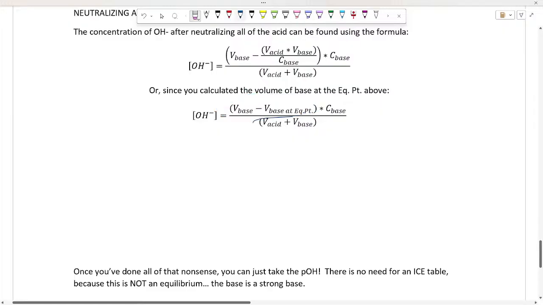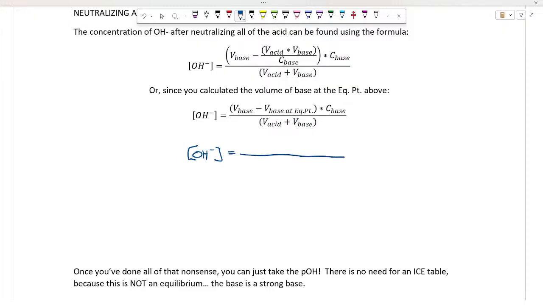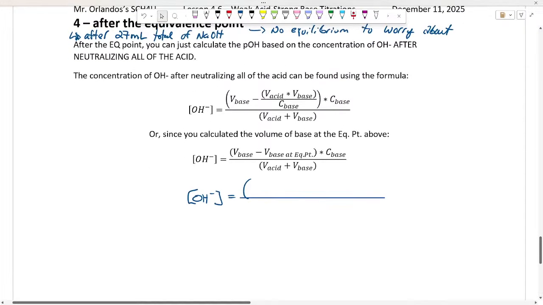And then all we have to do here is make sure that we dilute it because we started out with water, right? Does that make sense? So if we want to know the concentration of OH minus, it'll be easy. We just say, okay, how much base have we added total at this point? All right, 27 mils. What was the equivalence point? In this case, it was 20 mils.